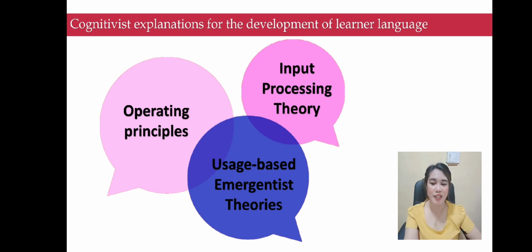And the second one is the input processing theory. Here, the process that learners go through to connect linguistic form with its meaning or function is described by Bill VanPatten's theory of input processing. In 2003, VanPatten proposed that input processing consists of two sub-processes: making form-meaning connections and parsing.